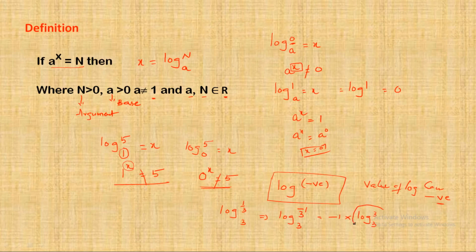Then this entire value will become 1, and minus 1 times 1 is minus 1. So the value of logarithm can be negative, but we cannot find logarithm of a negative number.